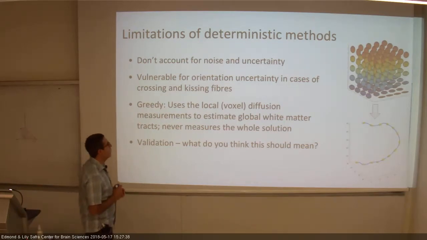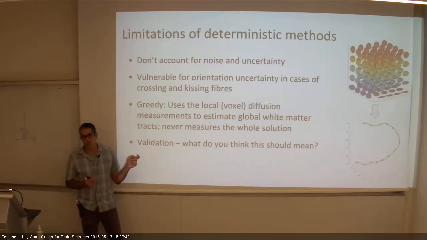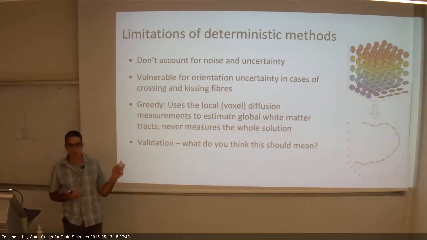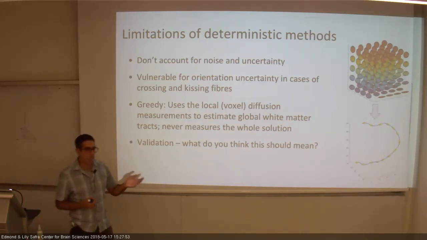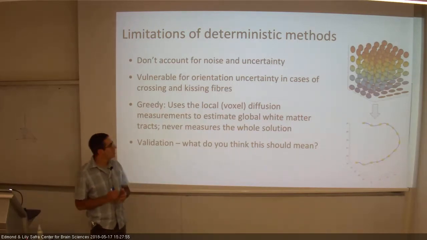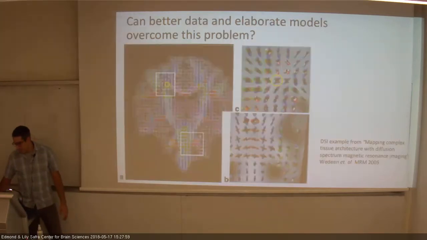Another problem you might ask about is how can we validate a result, and it's really hard to validate. We don't have many gold standard measurements of how long pathways look, so it's very hard to say whether we are right or not.